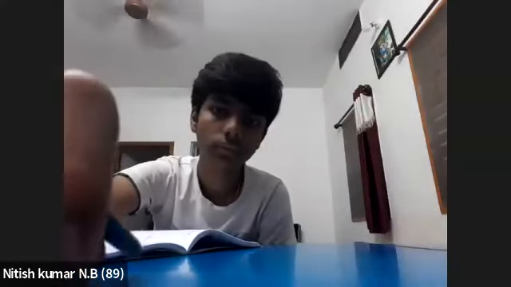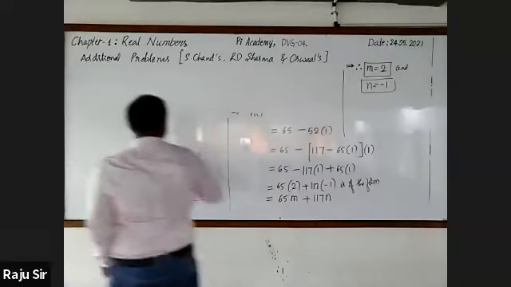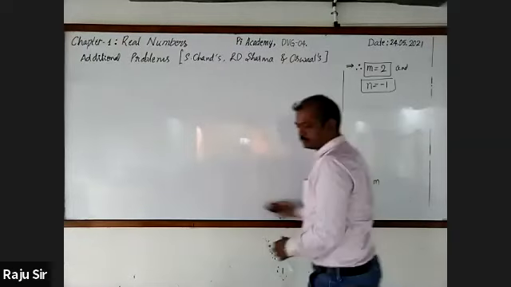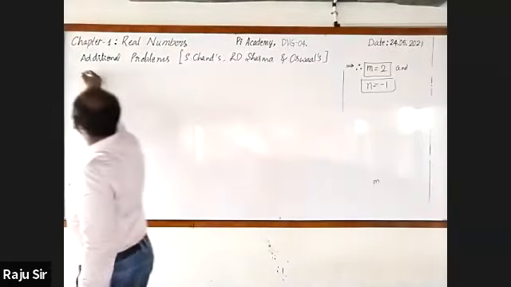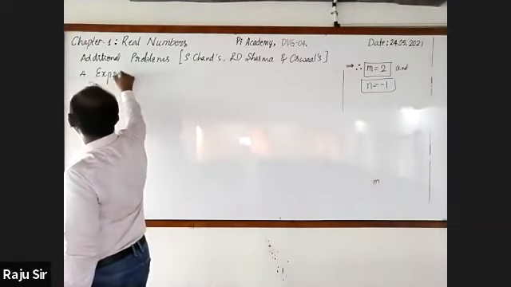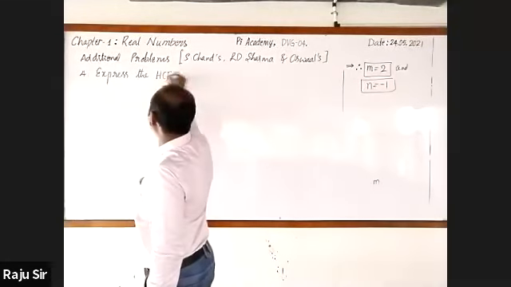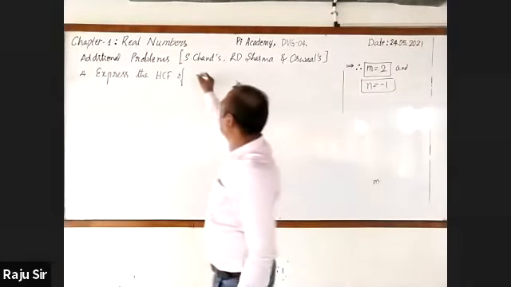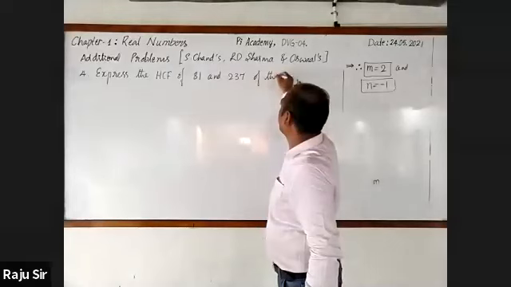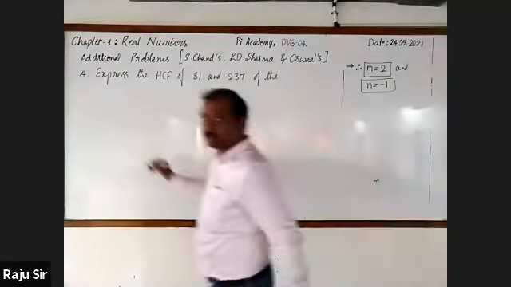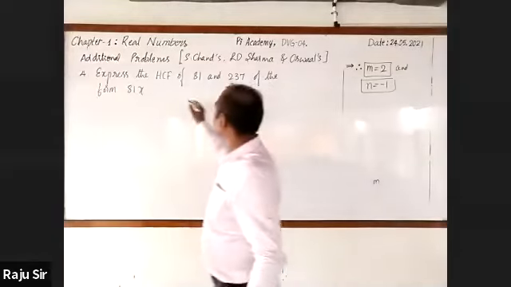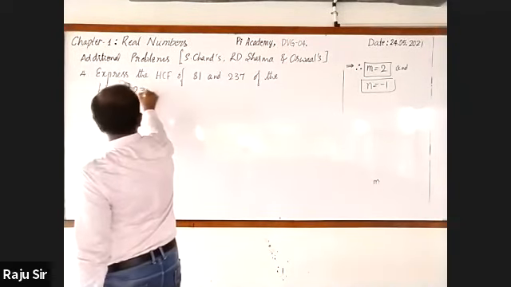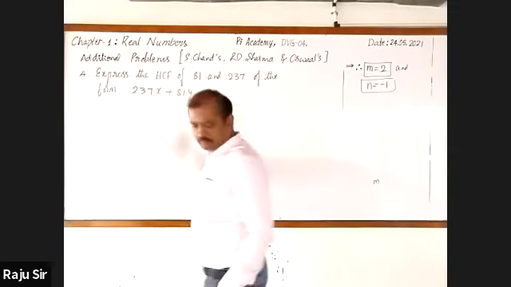Fourth question. Express the HCF of 81 and 237 in the form 237x plus 81y.